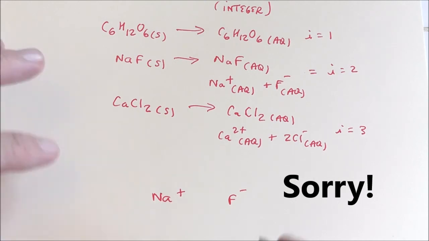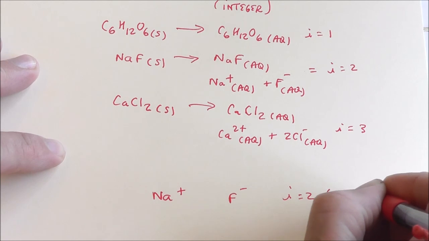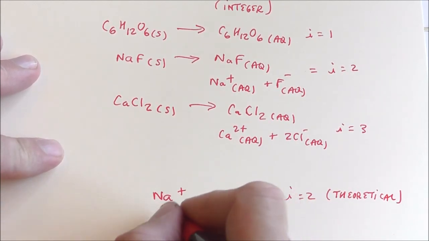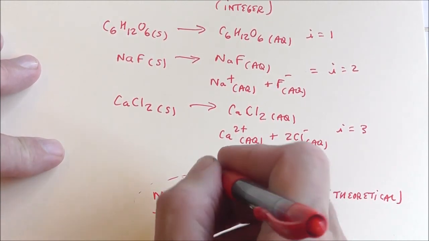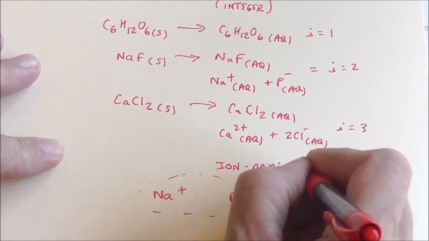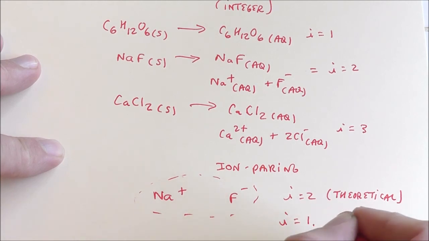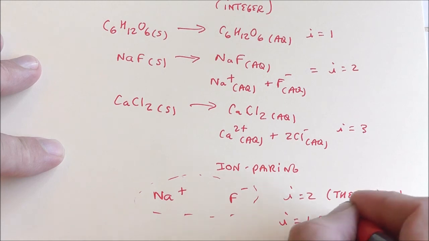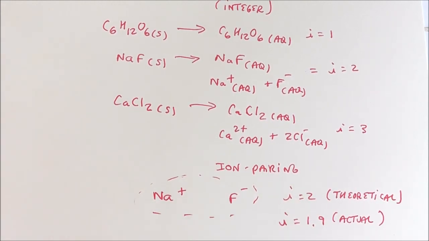I equals 2 is theoretical, but in a solution, they're actually not going to behave totally independent. Once in a while, they'll be loosely associated with each other. They call this ion pairing. So it's more like 1.9 actual, could be 1.8. Double check me. It's in the textbook, I'm sure.